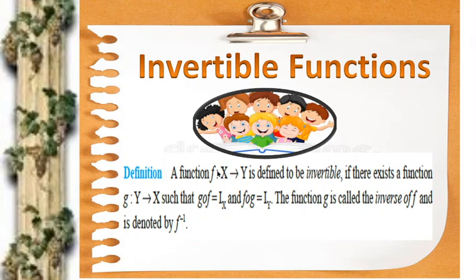If we have these two functions where one is defined from x to y and for the other the domain and codomain get swapped, and gof is the identity function of x and fog is the identity function of y, then we call it the inverse of f.